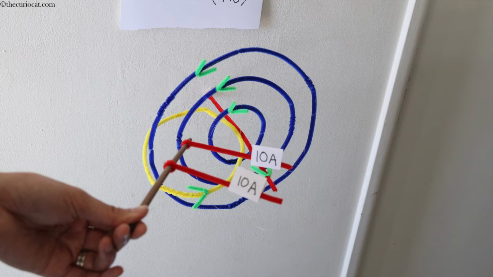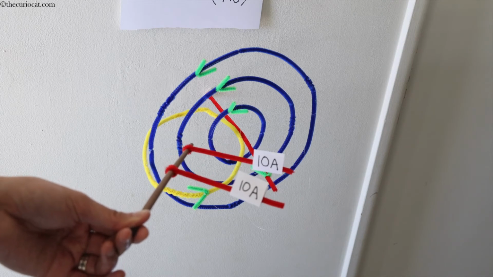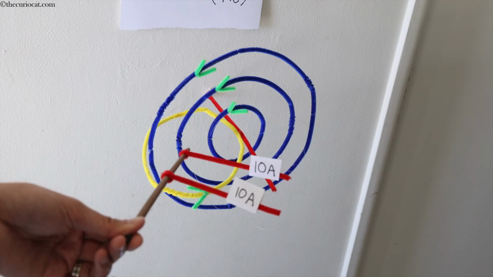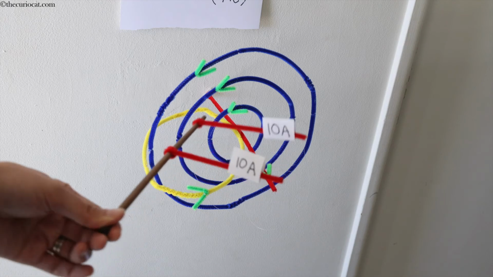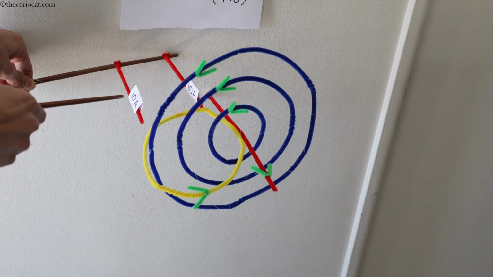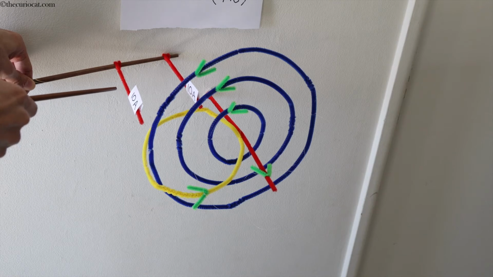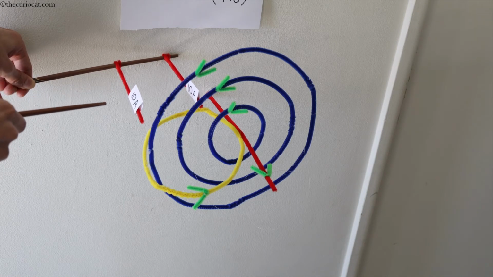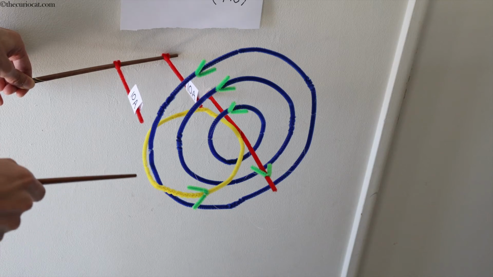What happens to the value of these two red lines when they pass through the magnetic field? When this outer red line passes through the magnetic field, you see that the eddy current of 1 ampere is flowing in the same direction.